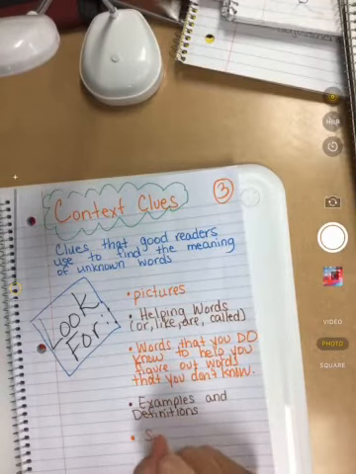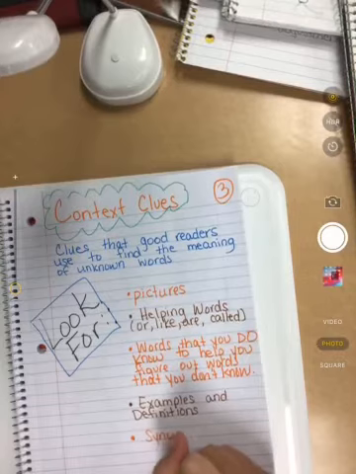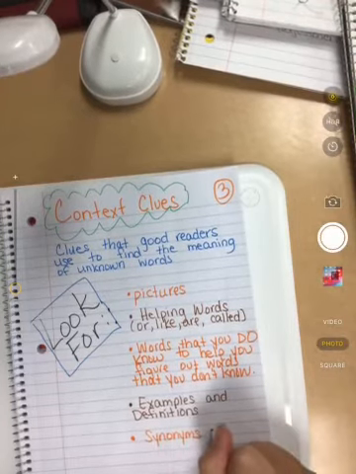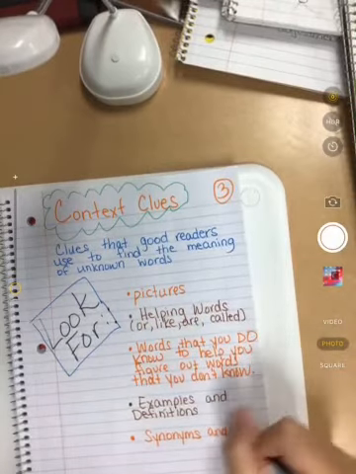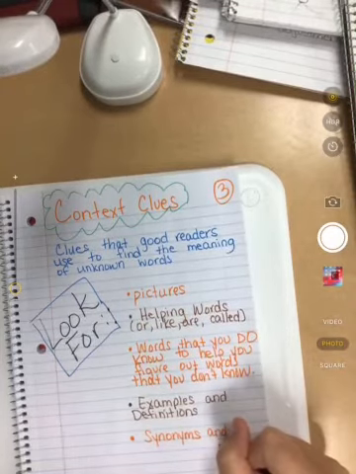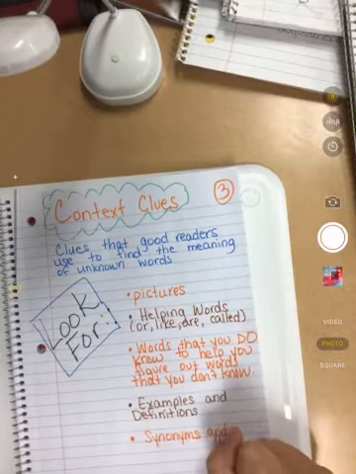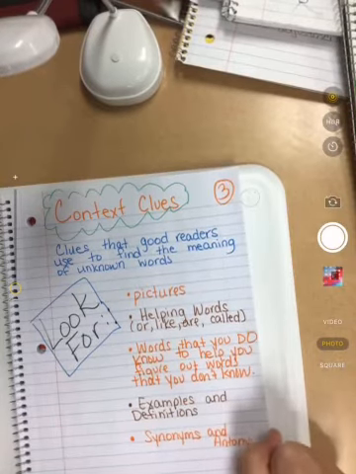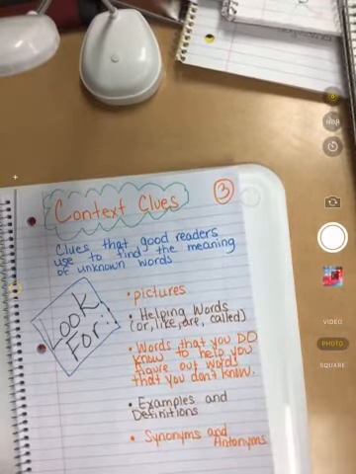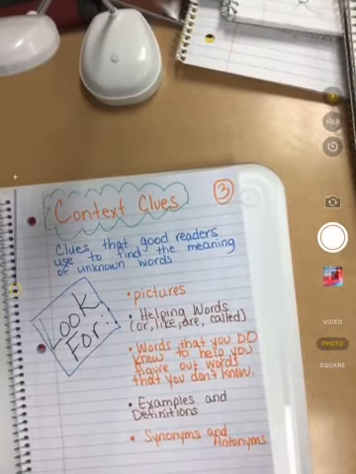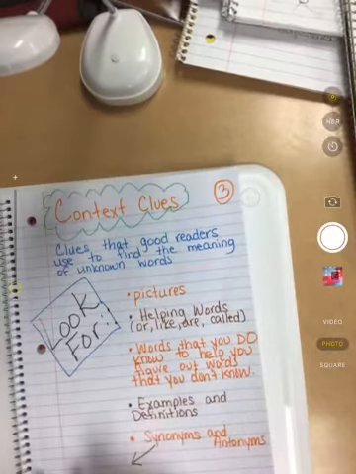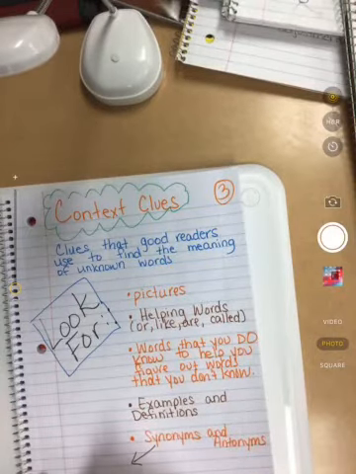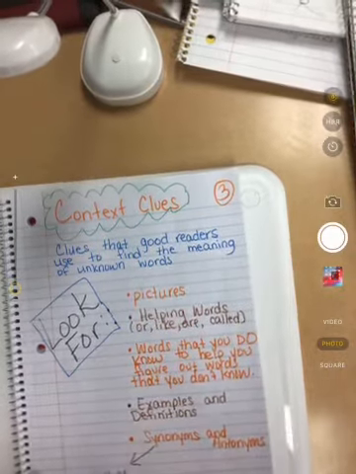All right, synonyms, and I don't know if I'm gonna be able to fit that word in there. I'm gonna have to go underneath it, I think, because I write too big. And antonyms. Okay, and a synonym is a word that, make sure that you're still seeing.